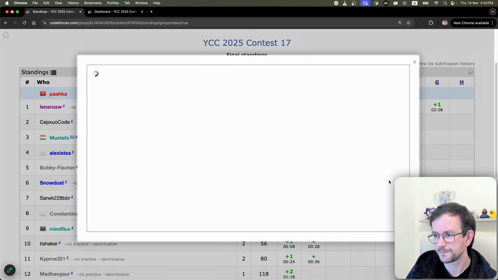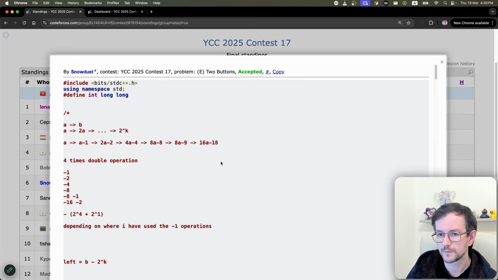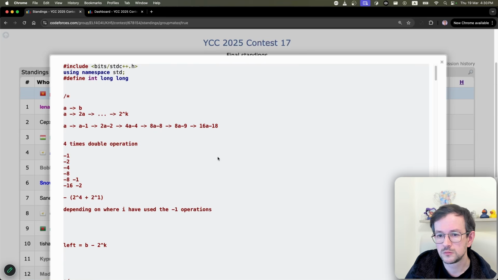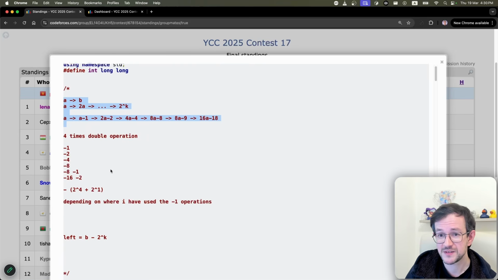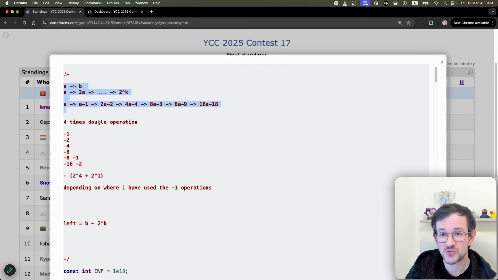What is E? Okay, I would usually use pen and paper for things like this. It's much faster to write this thing on paper than here.